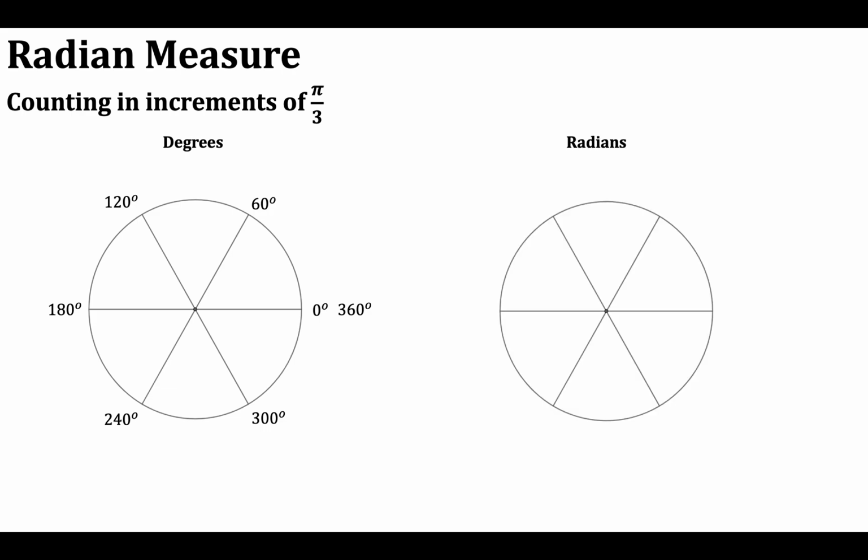Now, radians this time, so we've got 0, pi over 3, 2 pi over 3, 3 pi over 3, which is pi, 4 pi over 3, 5 pi over 3, and 6 pi over 3, which is 2 pi. That one's probably a wee bit easier because not as much seems to simplify on the way around there. So we've got 0, pi over 3, 2 pi over 3, pi, 4 pi over 3, 5 pi over 3, 2 pi.